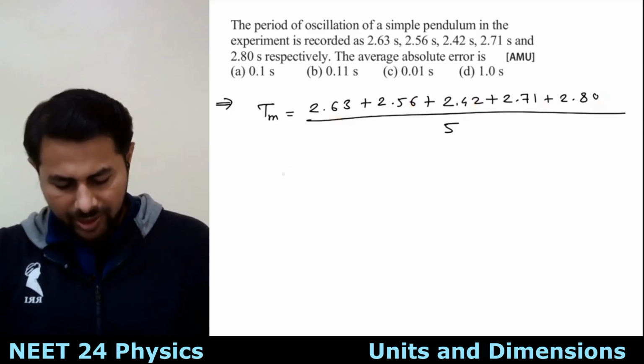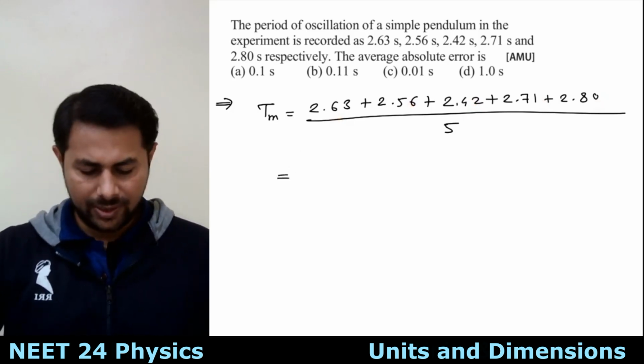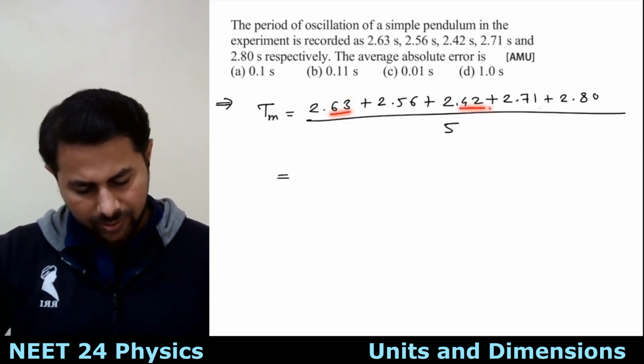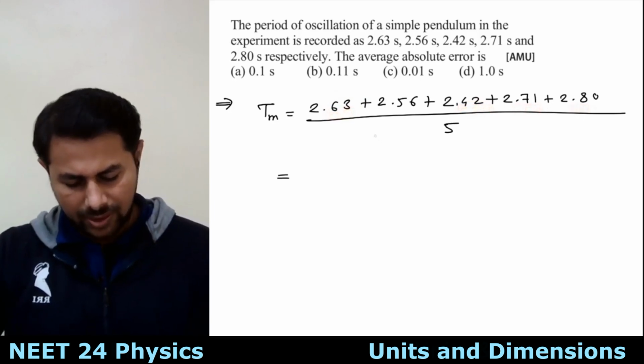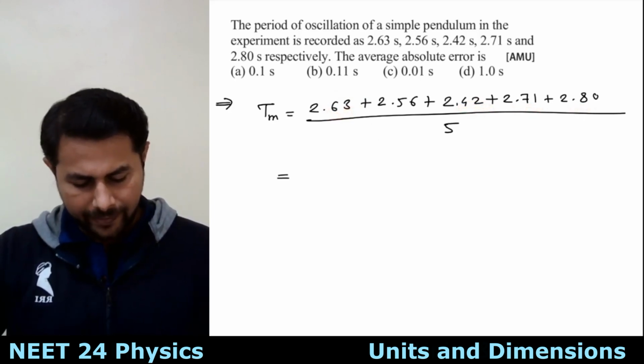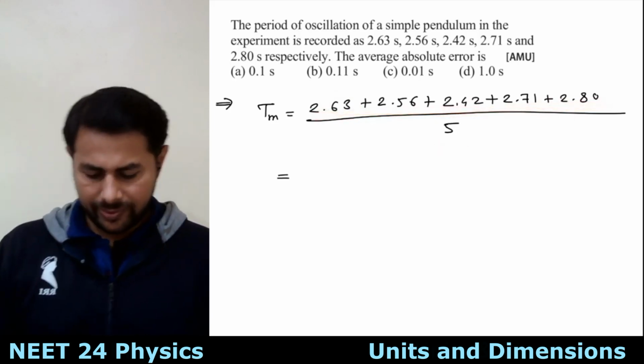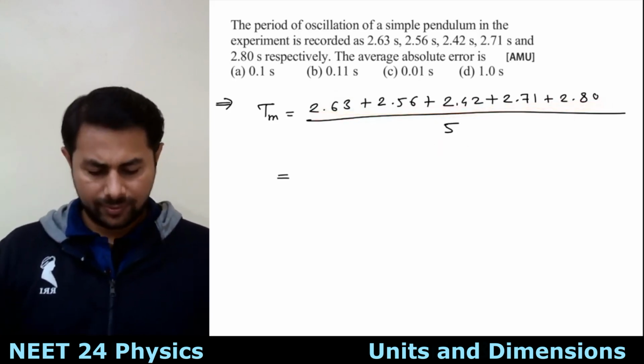So you will find out the mean. Then how much is that? You need to add it up and divide by 5. Anyone?